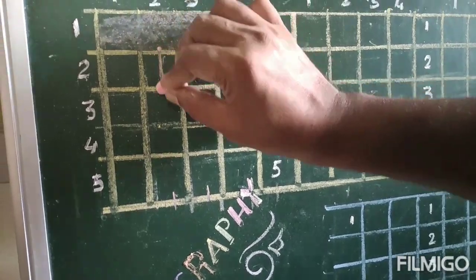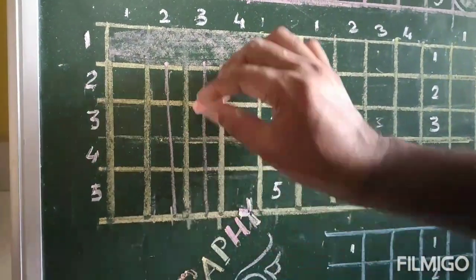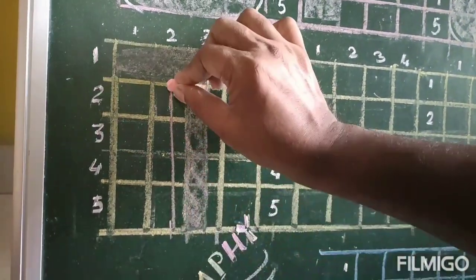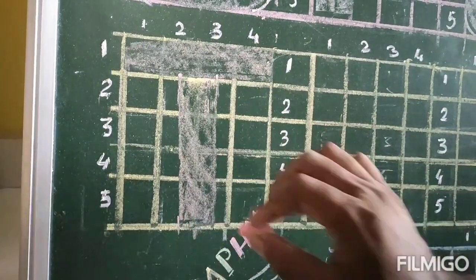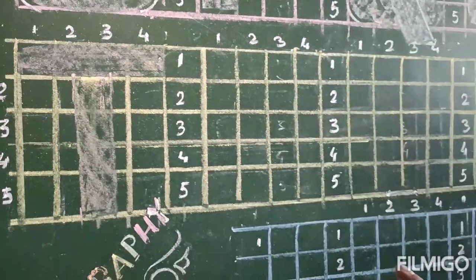And we'll draw a straight line with the help of a scale. Remember, in calligraphy we'll use different tools like a scale and others. Without tools we'll not do.